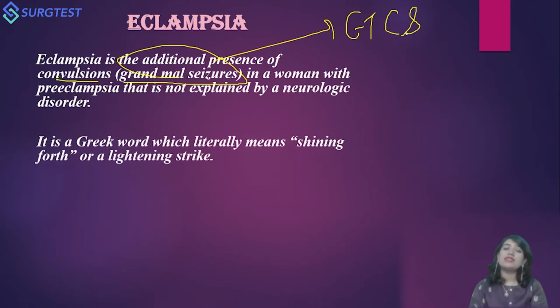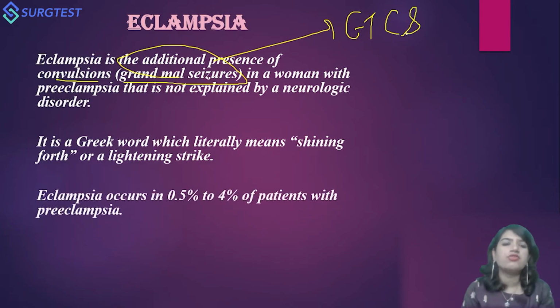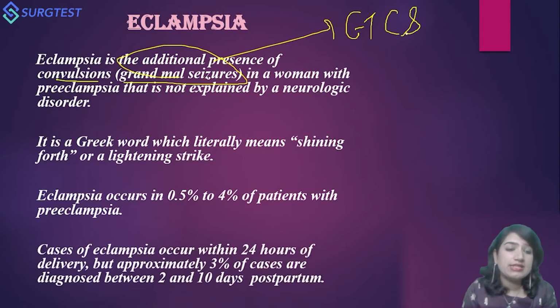Now, eclampsia is a Greek word which literally means shining forth or a lightning strike. Okay, eclampsia occurs in around 0.5 to 4% of patients with preeclampsia, and cases of eclampsia usually are seen postpartum. They occur within 24 hours of delivery, but approximately 3% of cases can be diagnosed 2 to 10 days postpartum.